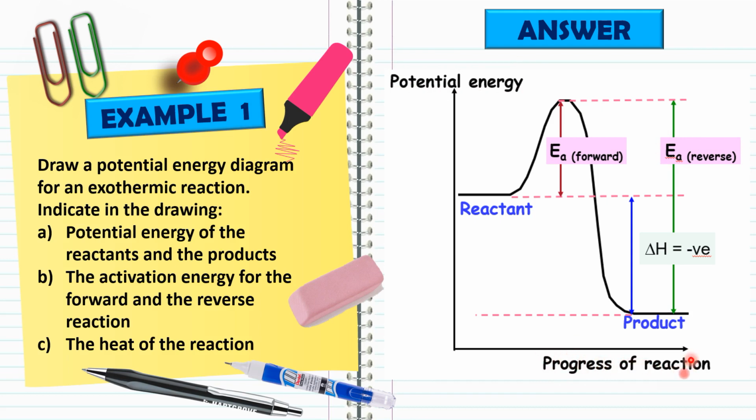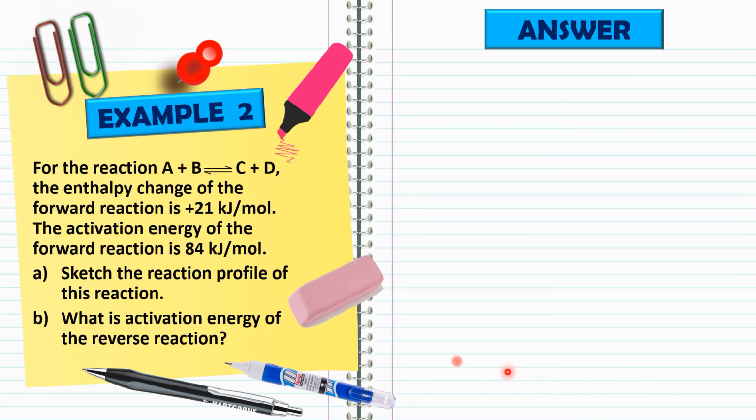Next question, example number 2. For the reaction A plus B produce C plus D, the enthalpy change, which is the delta H of the forward reaction, is positive 21 kilojoule per mole.